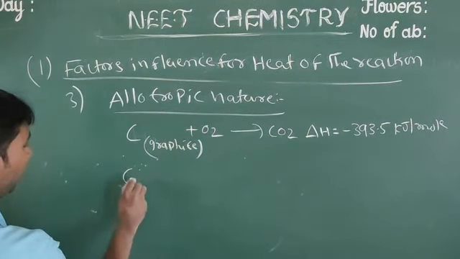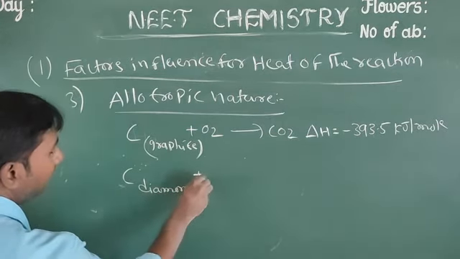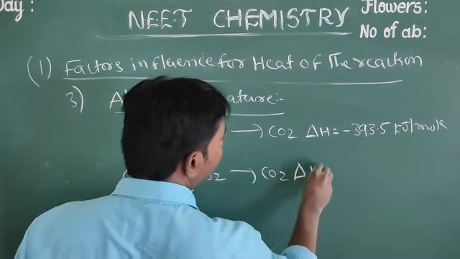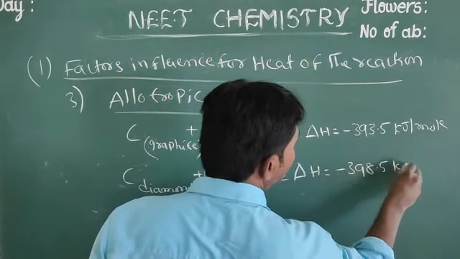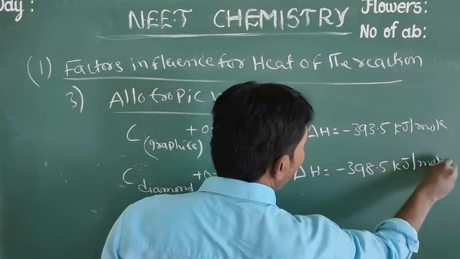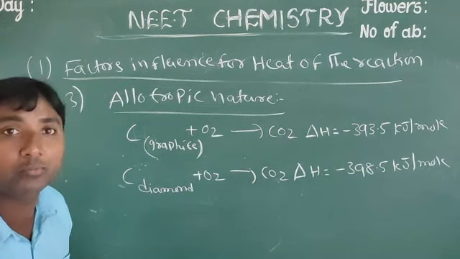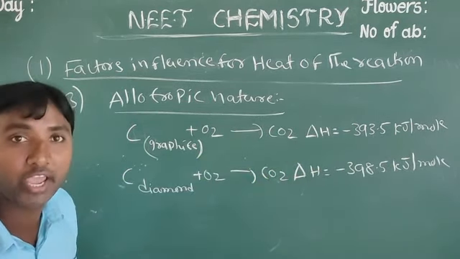Next, C diamond plus O2 gives CO2. Here del H equals minus 398.5 kilojoules per mole. Carbon is the same element, but from one allotropic form to another, the heat energy will change.